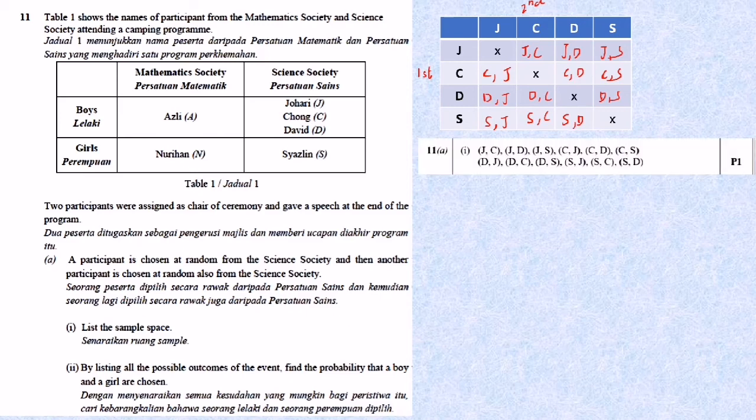So we write the sample space like this. JC, JD, JS, and so on.